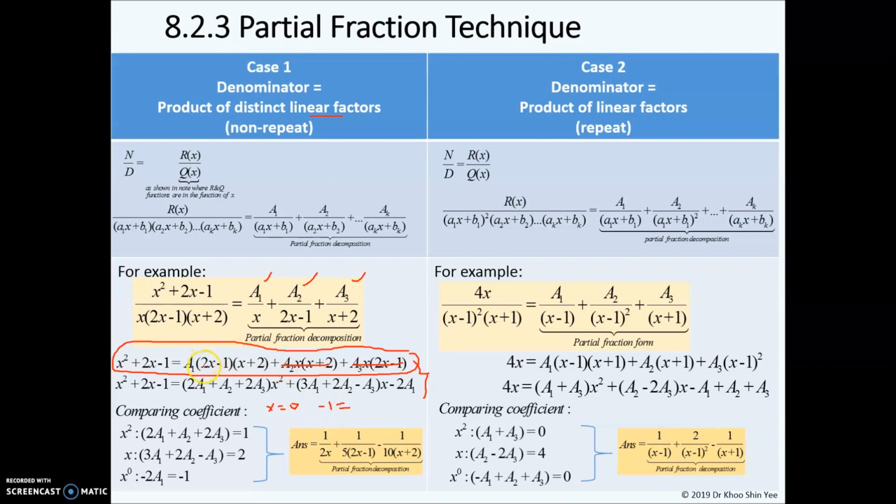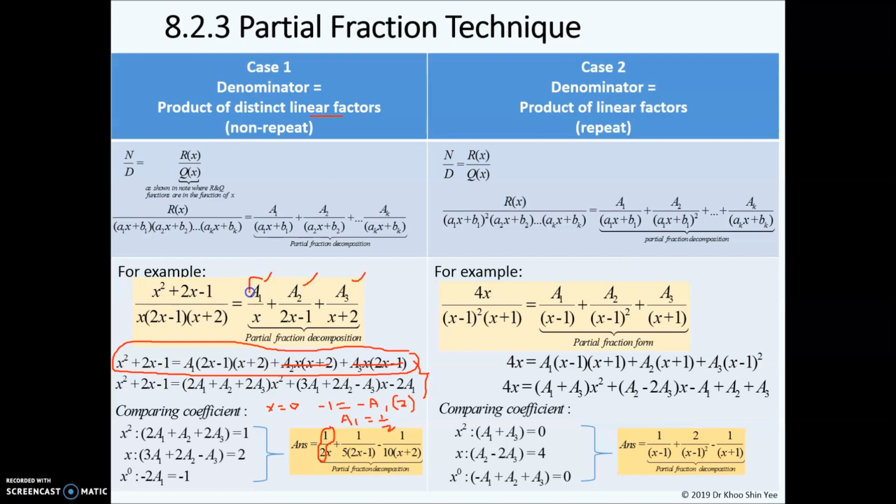On the right hand side, this term cancels, you get -1, -a1 there. 0 multiply plus 2, you get 2 here, multiply with 2, -a1 times 2. So to find a1, -1 divided by -2, you get 1 over 2, which is exactly the same answer here, right?